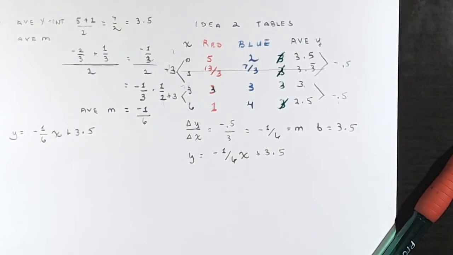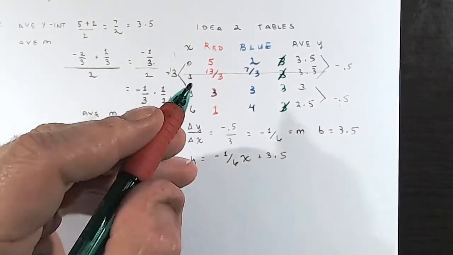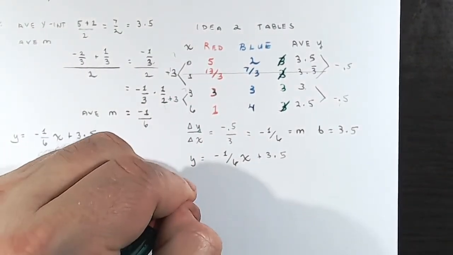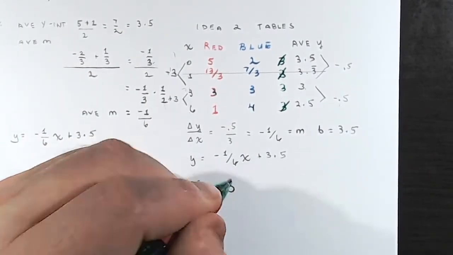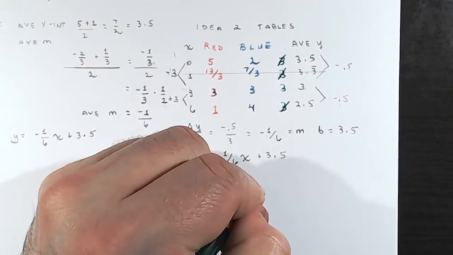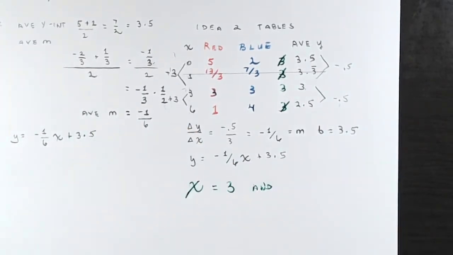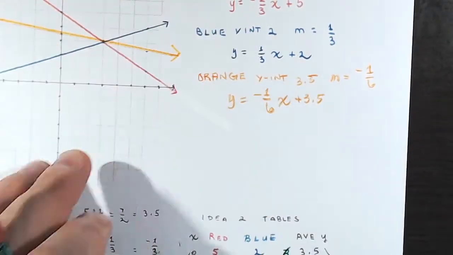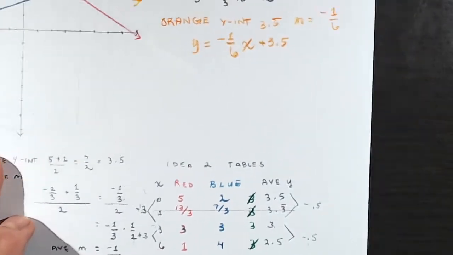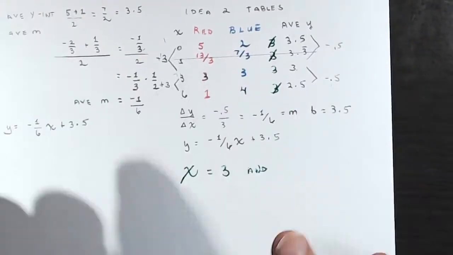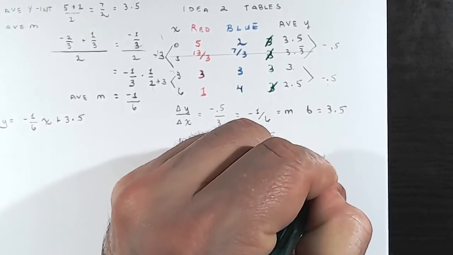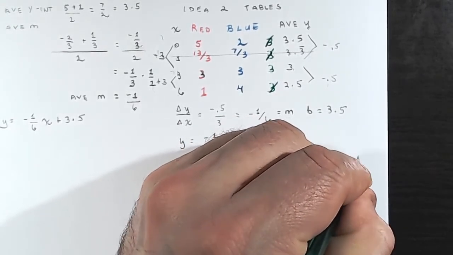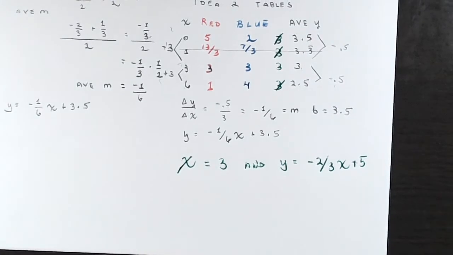So if the line is vertical, if your equation is x equals 3, and you have another equation, let's say the red line, y equals negative 2/3 x plus 5, how would you average those two?